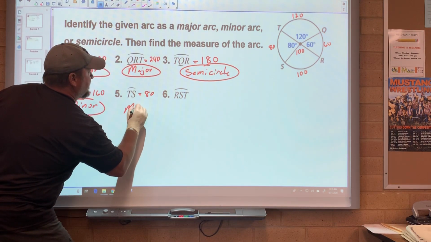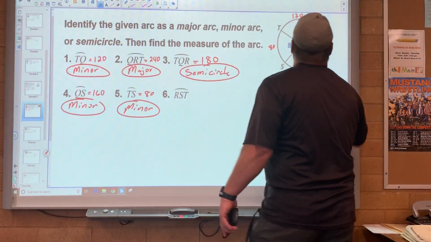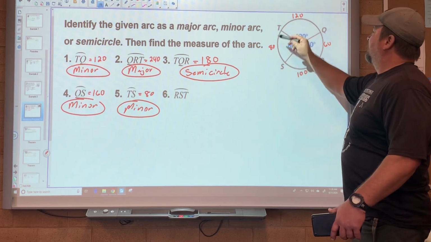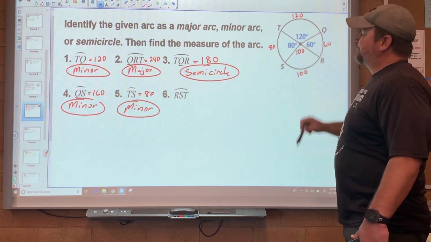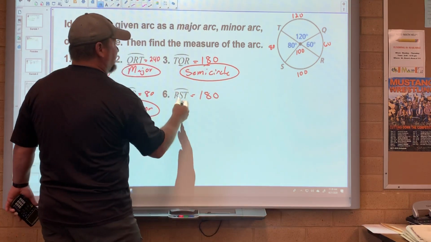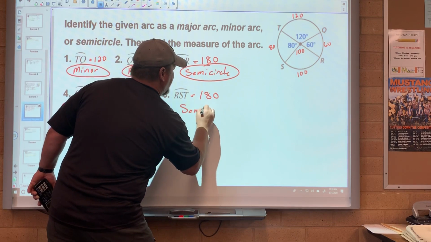That's minor. And then RS to T. RS to T, that's going this way. That's going to be our 180. And that's a coincidence of the 3 letters on that one. Anyway, just add them up.